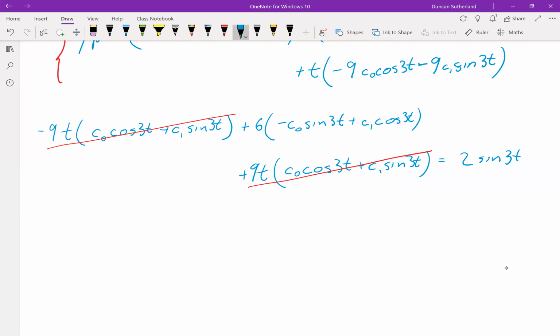So we've got that's our sine term. We've got no cosine term on the right-hand side.